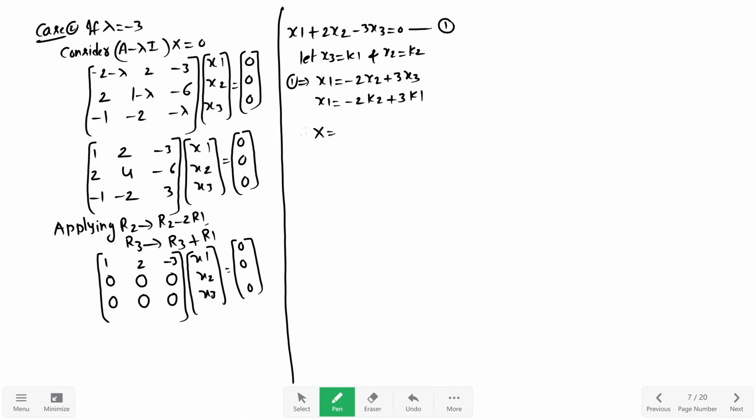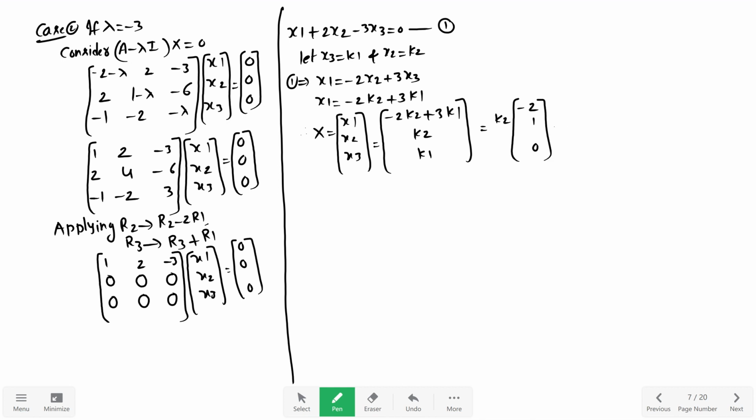Therefore eigenvector capital X equal to small x1, small x2, small x3, where x1 is minus 2k2 plus 3k1, x2 is k2, x3 is k1. That equals k2 times (minus 2, 1, 0) plus k1 times (3, 0, 1).